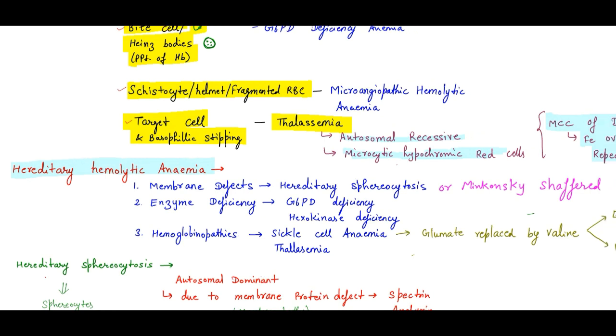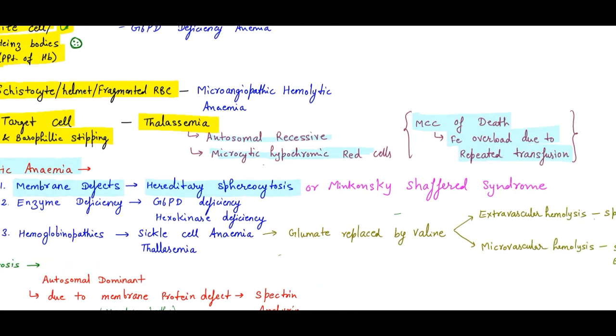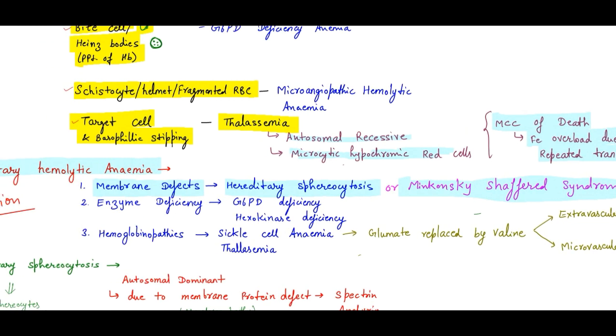The mutation will be found in the membrane of the RBC, so here it will be a membrane defect. With the membrane defect, we see hereditary spherocytosis, another name for which is Minkowski-Chauffard syndrome. In the peripheral blood smear we will see spherocytes.